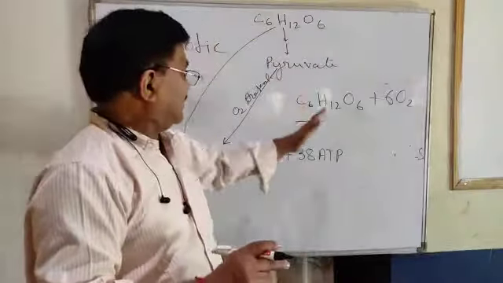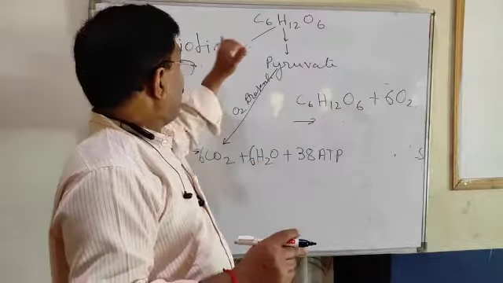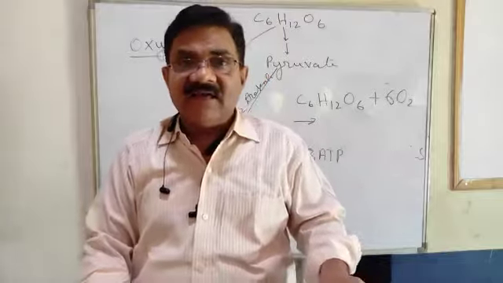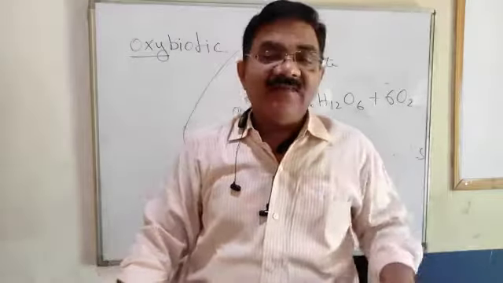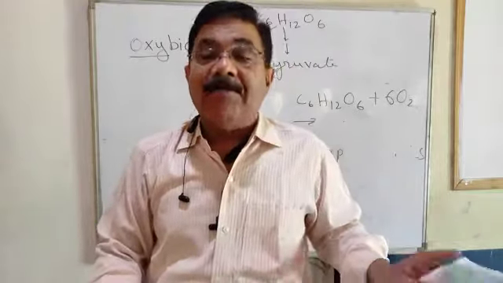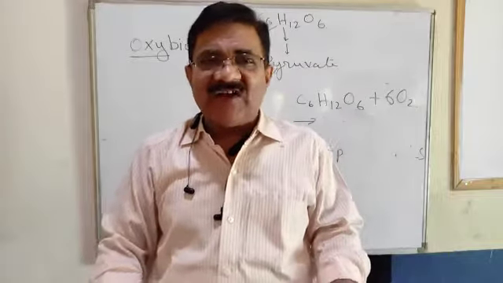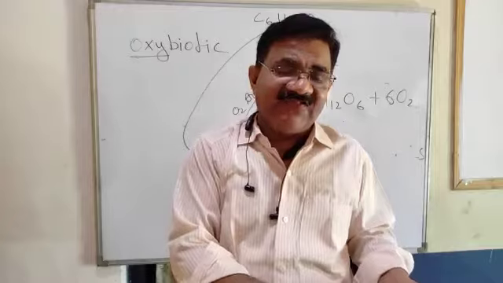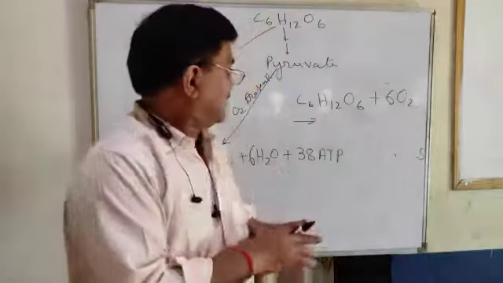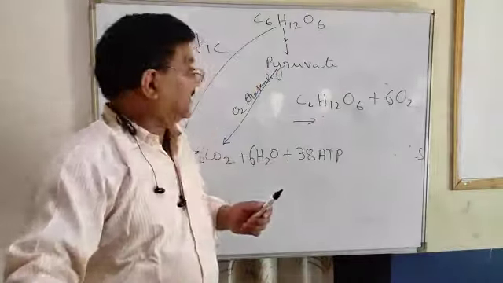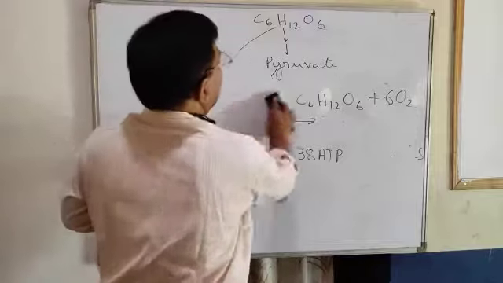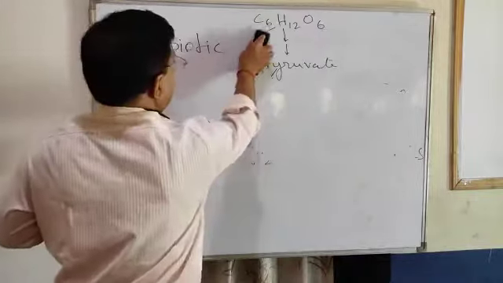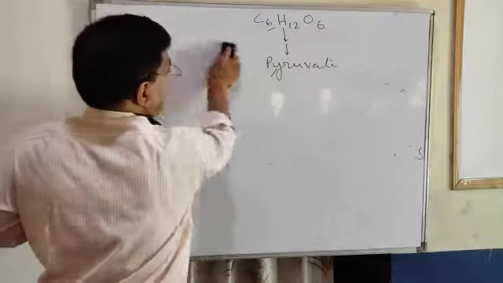And this is the aerobic respiration. And we have discussed that in aerobic respiration, there is complete burning of food, complete oxidation of food, so a sufficient amount of energy is released. Now just opposite to it, after pyruvate, a sufficient amount of oxygen is not available.